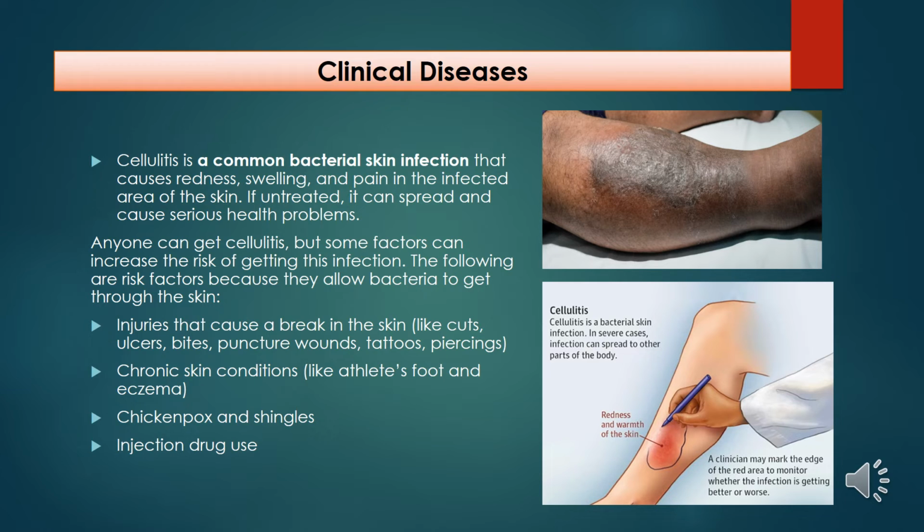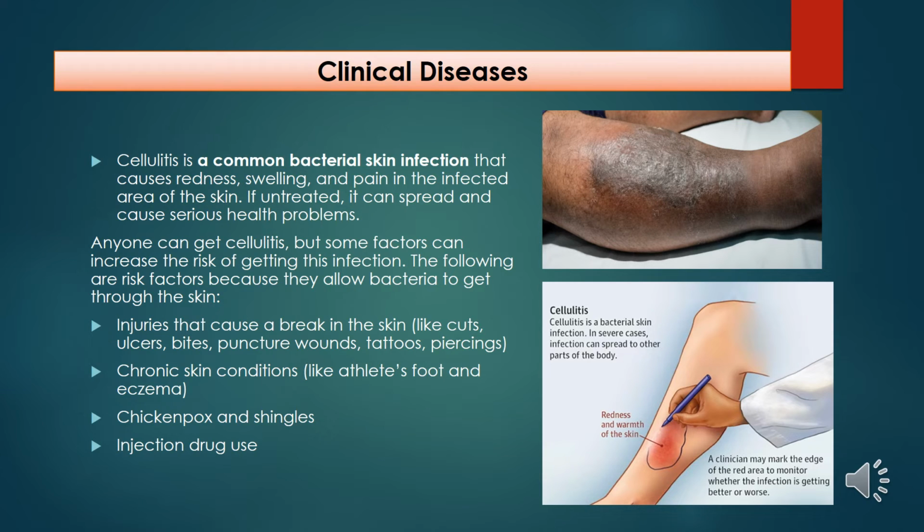Experts do not know how the bacteria get into the body for many people who get cellulitis. Sometimes the bacteria get into the body through openings in the skin, like an injury or surgical wound. In general, people cannot catch cellulitis from someone else.